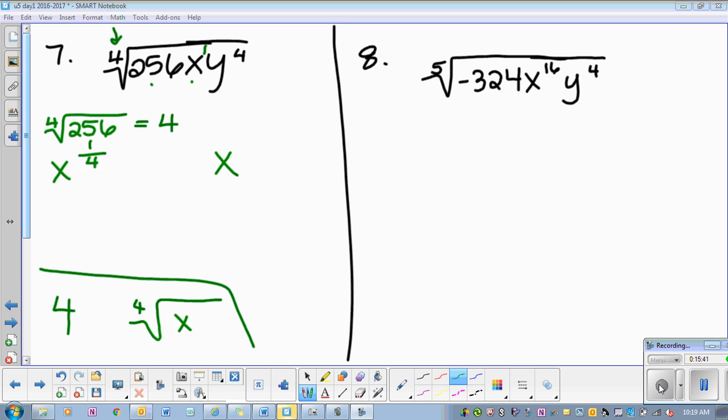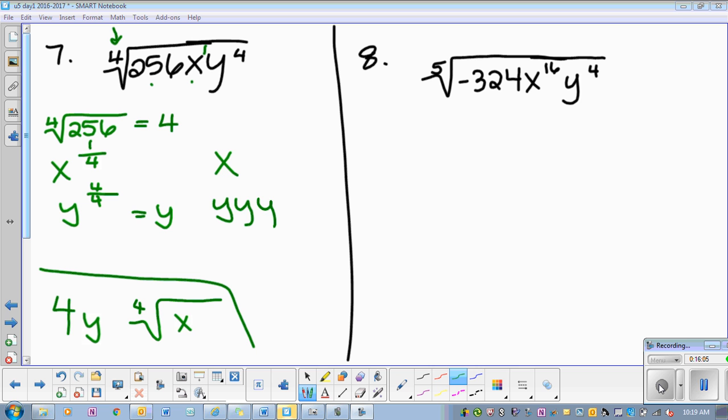Now look at your y's. How many y's do you have? 4. Good, that's the power, right? What's the root? 4. What's 4 over 4? 1. So this is y. Since it's just a nice, pretty number 1, that one just comes out. Or you can think about it this way, Ethan.